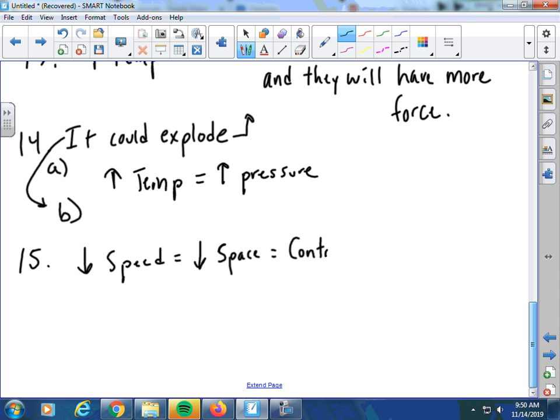This leads to contraction, which means the balloon will get smaller. And that's because it's something called a flexible container. We'll talk more about that tomorrow. But flexible container, so it will actually be able to get smaller. Otherwise, it would just have less pressure. Okay, so that's the whole worksheet.